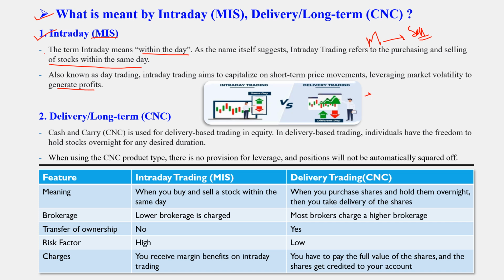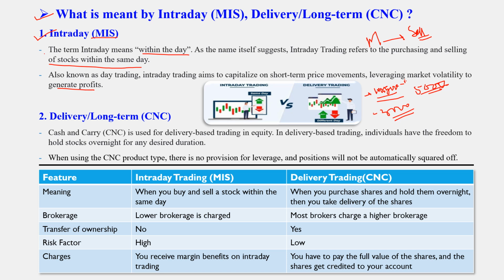I buy 10 quantity of Tata Power stock at 500 rupees. Let's assume that for this stock we need an amount of 5,000, as per the quantity and price. But I have an amount of only 3,000 rupees.